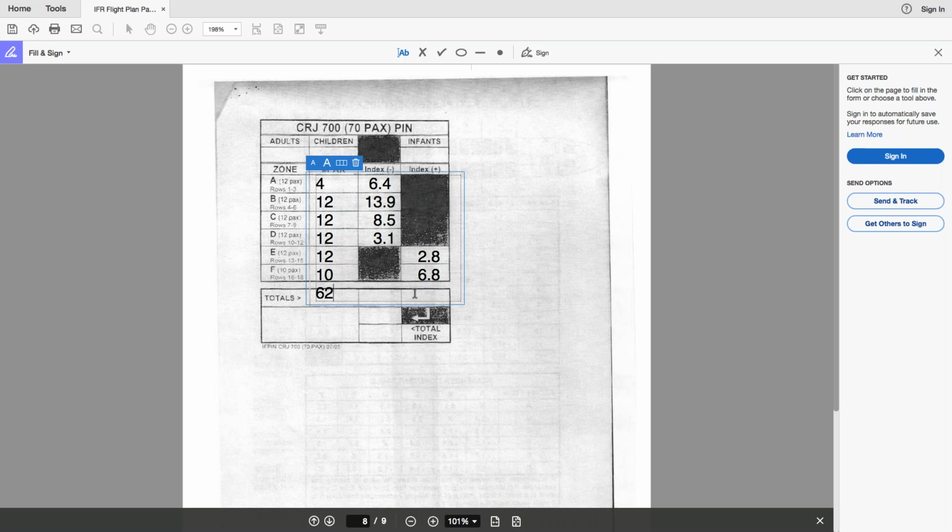Okay. Come down here. Total of 6.4, 13.9, 8.5, and 3.1 is 31.9. Okay. And this is 9.6.